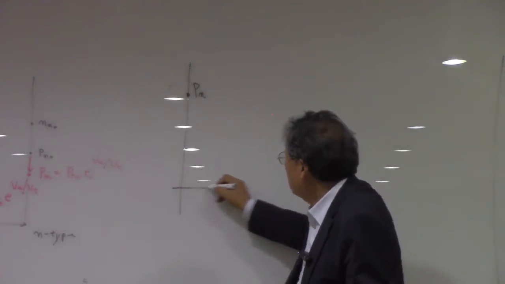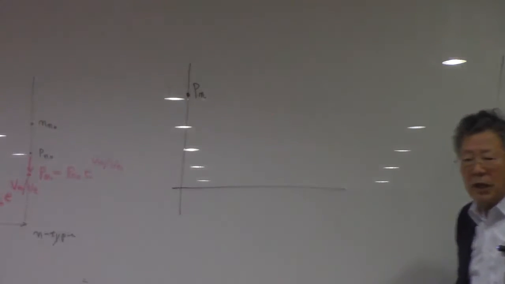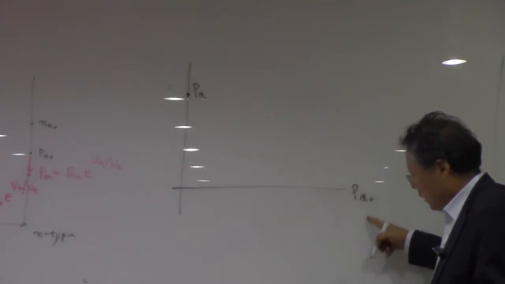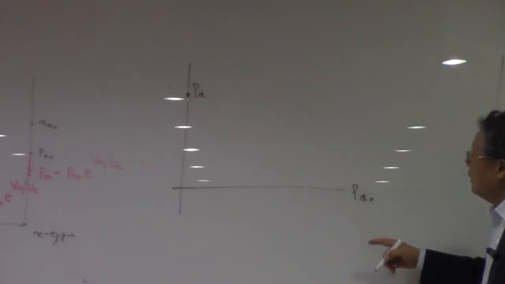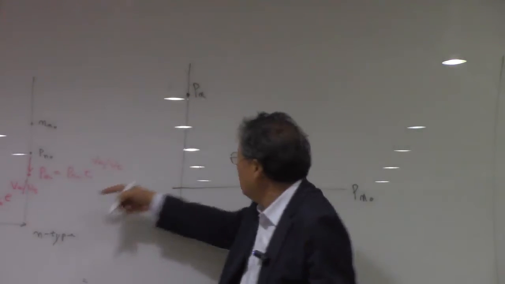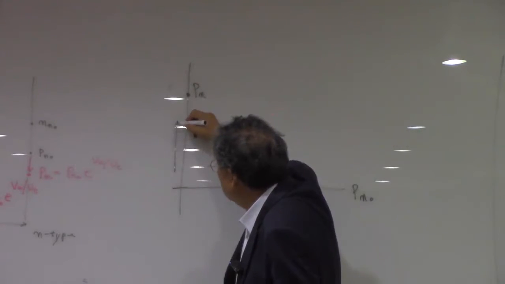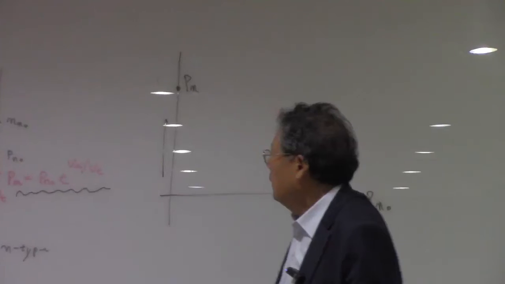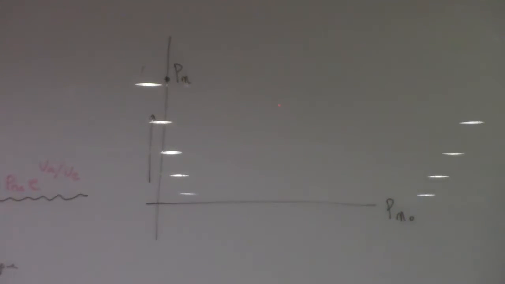This minority carrier Pn originally has equilibrium value of Pn naught, and we have just seen that this Pn is increased according to this equation here, exponentially increased.